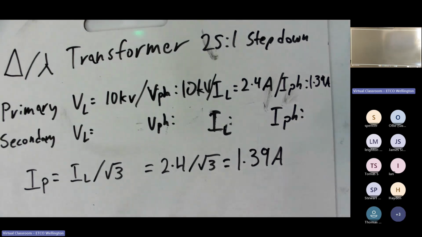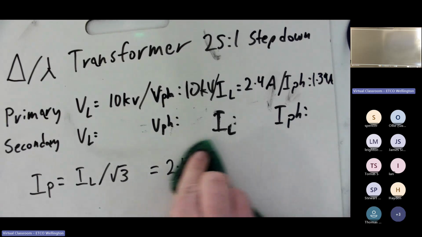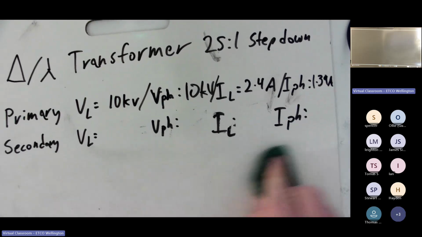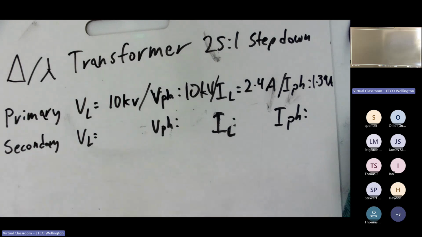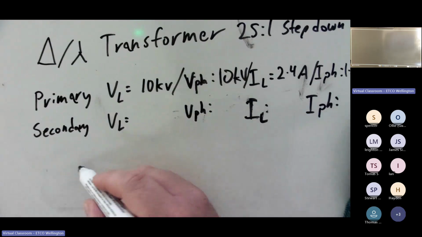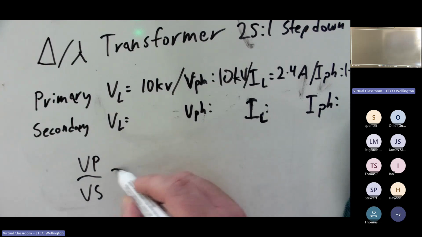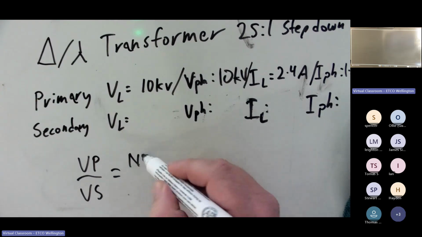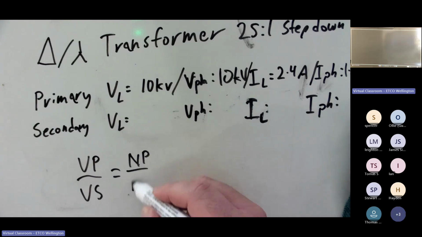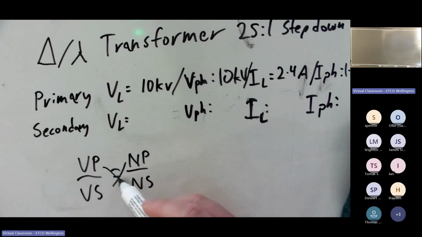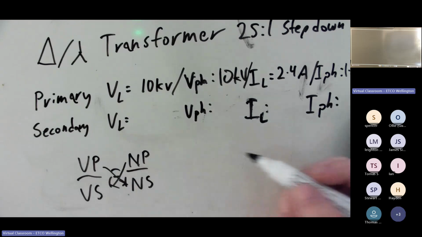Okay. Cool. So we know our phase. So now we need to figure out our line voltage on the secondary side. So we know VP over VS equals NP over NS. Cool. So we know that we need to cross multiply when we're doing fractions.